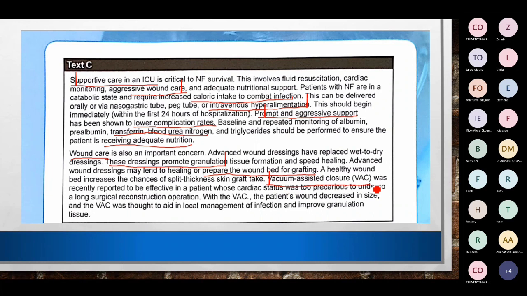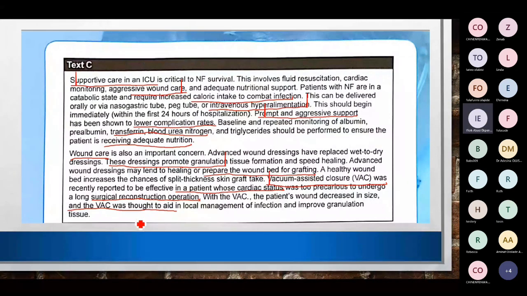Okay, vacuum assisted closure, I can see it in patients whose cardiac status was precarious. I can see surgical reconstructions operation. As well, I can see the VAC was thought to aid in local management.